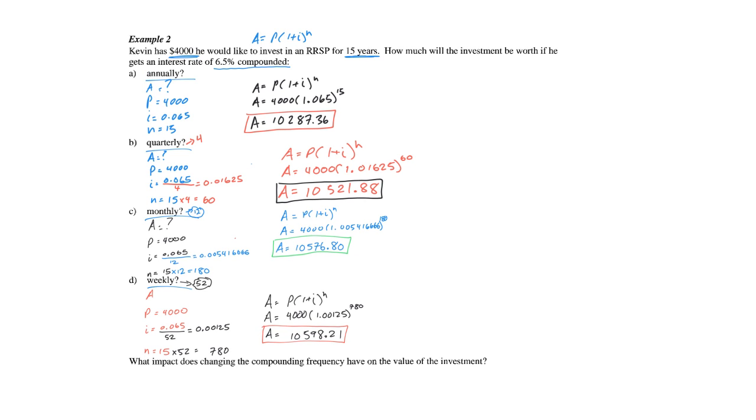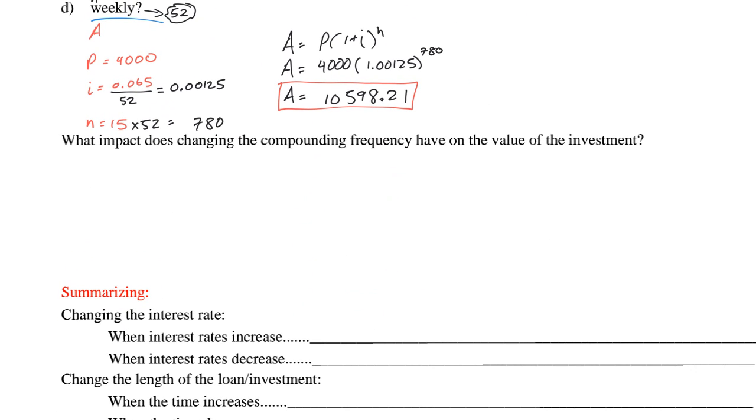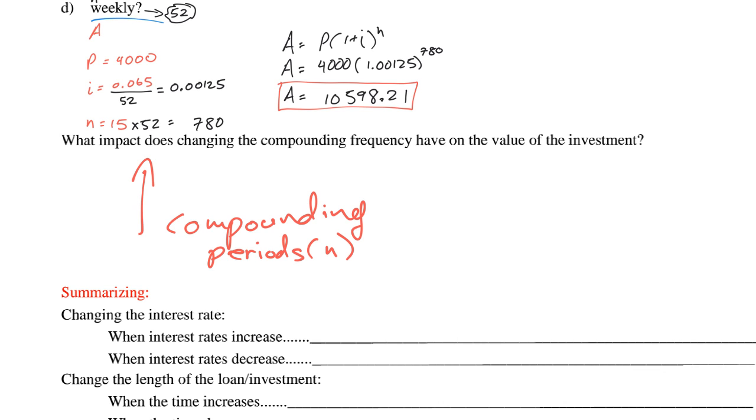So what that tells us is this. When we increase the compounding periods, that's the N value, that means we increase the value of the investment, and you call that the final amount.